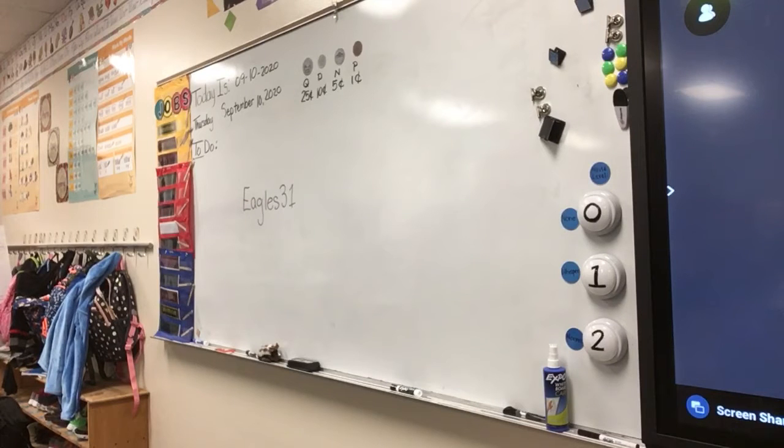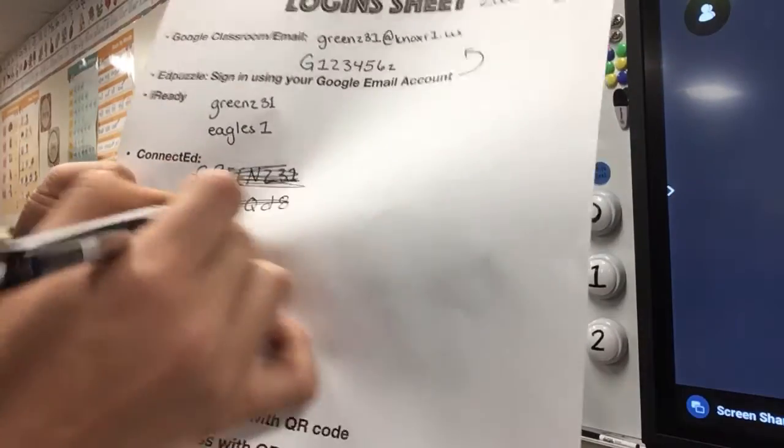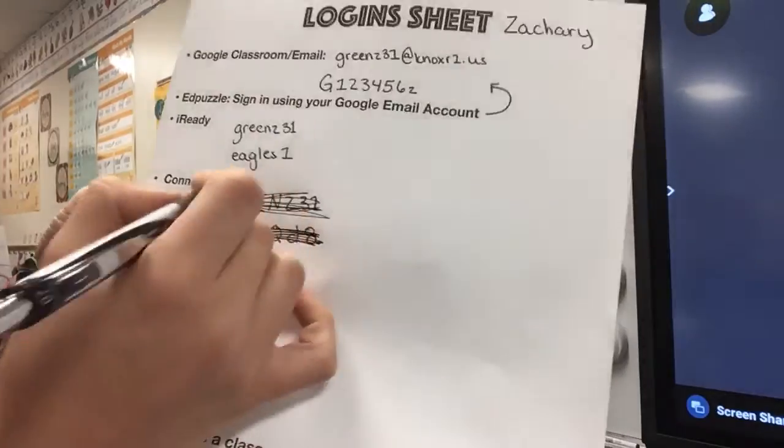So you guys are going to add it. Okay, so on your login sheet, go ahead and cross out where it says Connect Ed, because that's not right anymore. We switched that. That's why it's all weird.